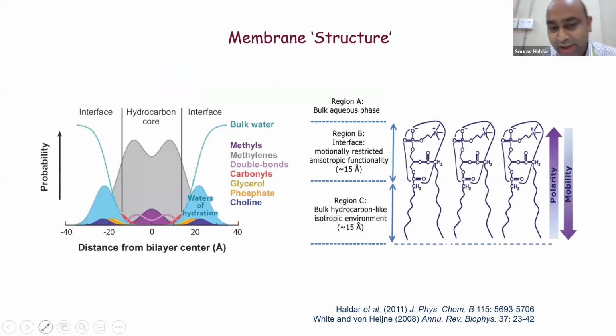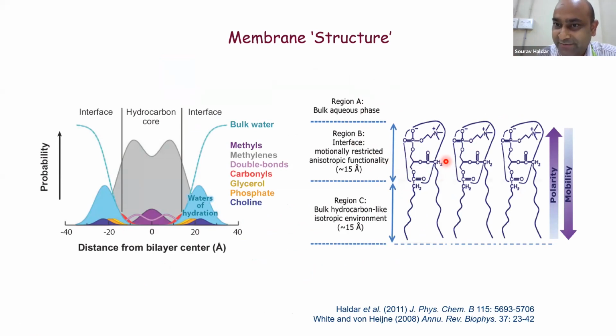There is another way of depicting the cross-sectional structure that I showed you, which is in this fashion, nothing but the monolayer of a bilayer. Now this is a very important figure in terms of the biological and lipid organization in a membrane.